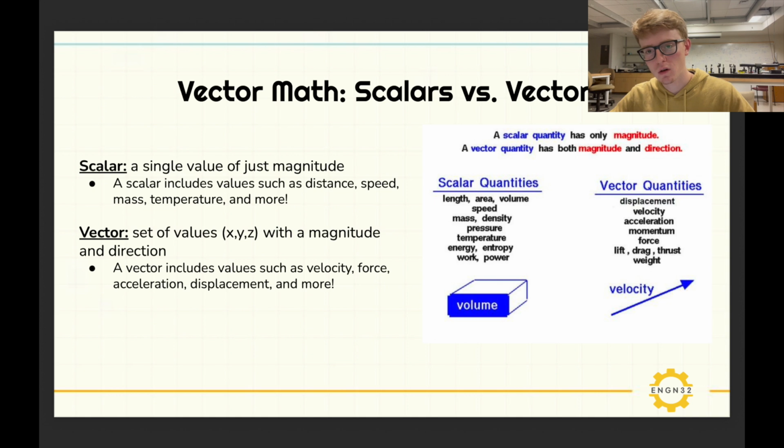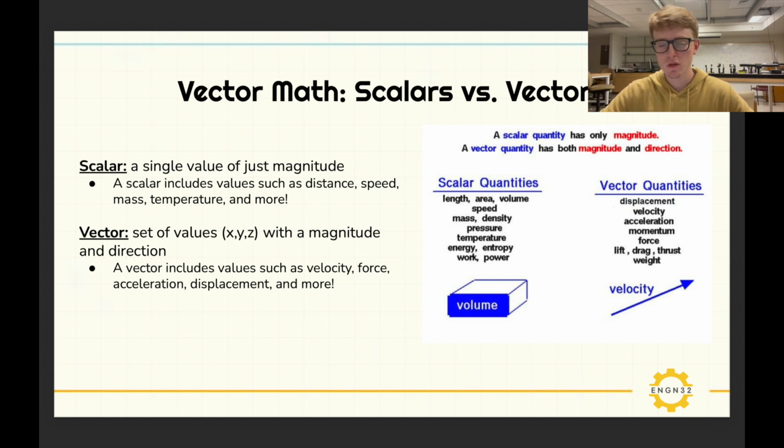Okay, now a vector is distinct from a scalar in that it has a magnitude component, which in itself is a scalar, but it also has a directional component. So I said before 10 miles is a scalar. Well, if I said 10 miles east, now I've created a vector quantity because I have this concept of magnitude, 10 miles, and direction, which is east in this case.